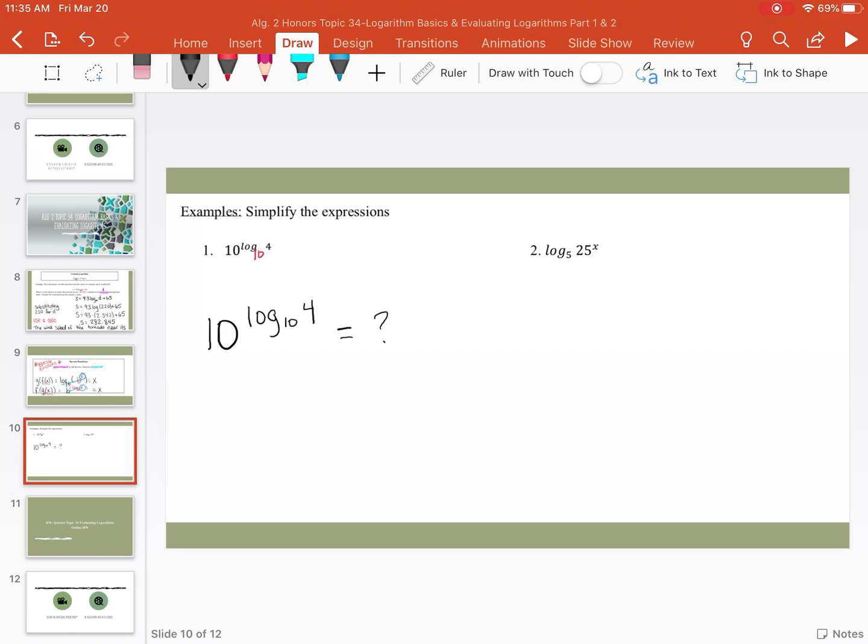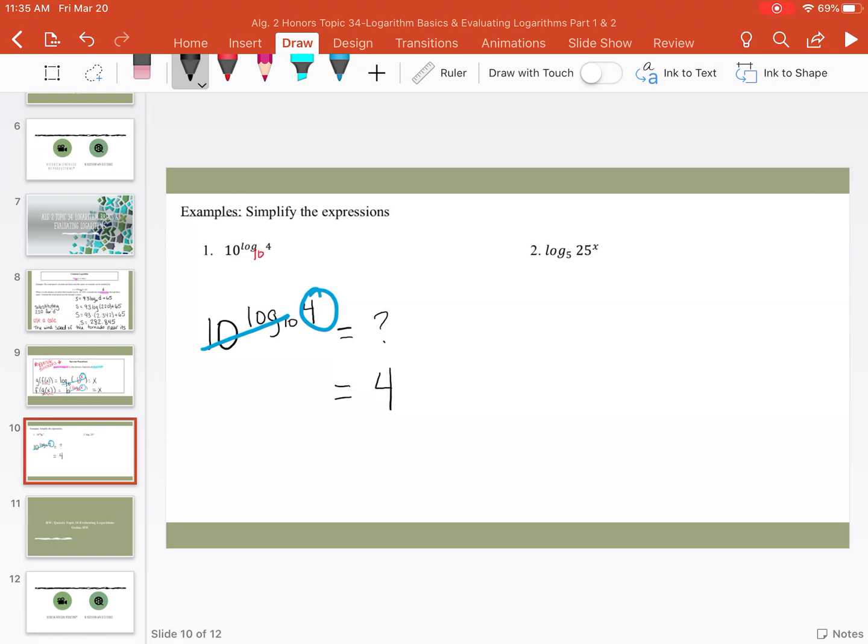Because we notice that we have 10 raised to the log base 10, this undoes each other, so we're just going to be left with 4. So this just equals 4.